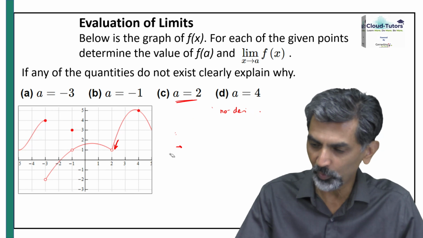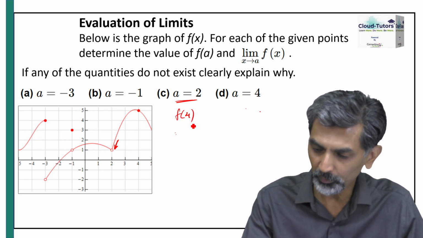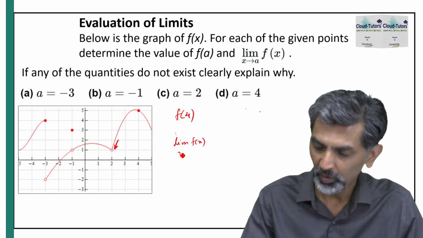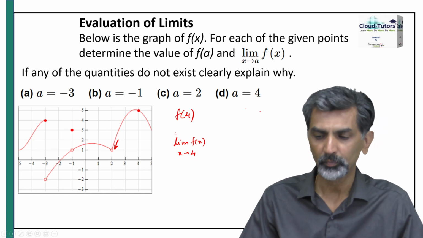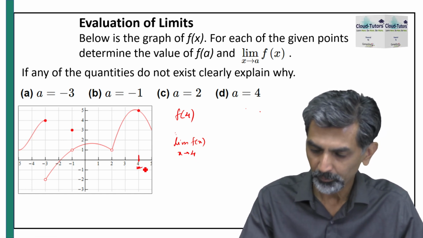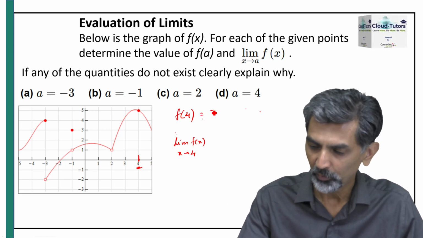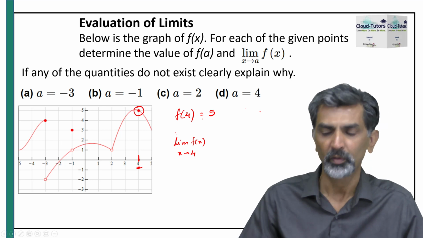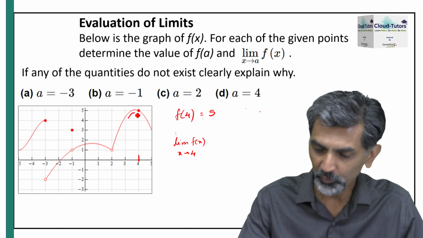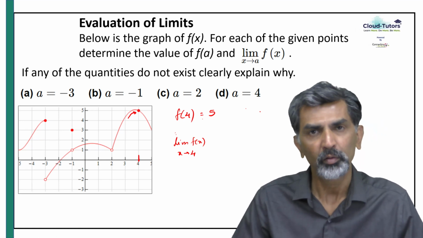The fourth situation is where a is equal to 4. So we need to find f of 4, and we also need to find the limit of f of x as x tends to 4. As x tends to 4, you can see that the value of the function is 5 over here. You can also see that as x approaches 4 from the left hand side, the function approaches 5.